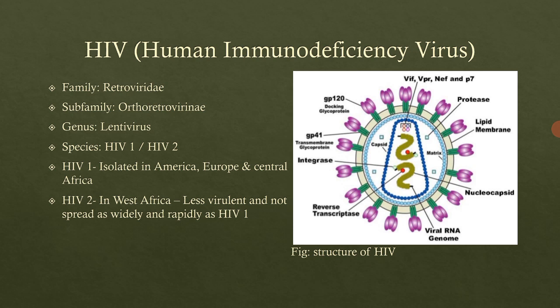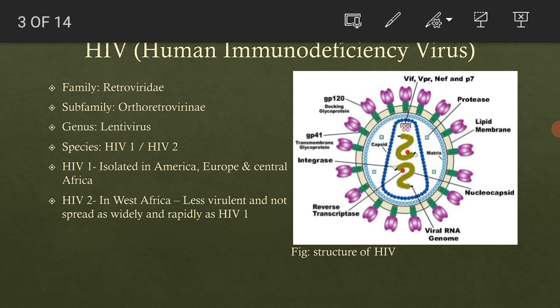It can also be called the pedicle protein, because the green portion is called the pedicles, and that's why that protein is called the transmembrane pedicle protein or the transmembrane glycoprotein.